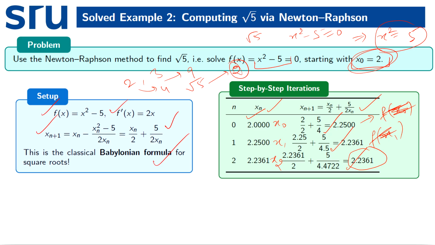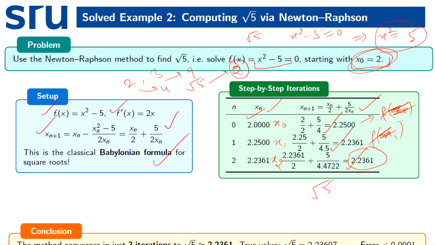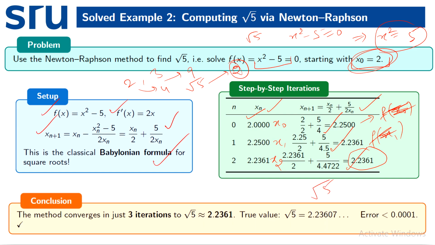So we conclude that the value of root 5, using the Newton-Raphson method, is approximately equal to 2.2361.